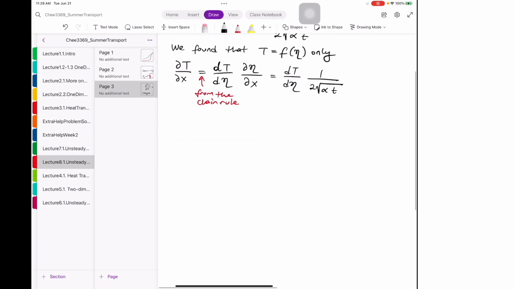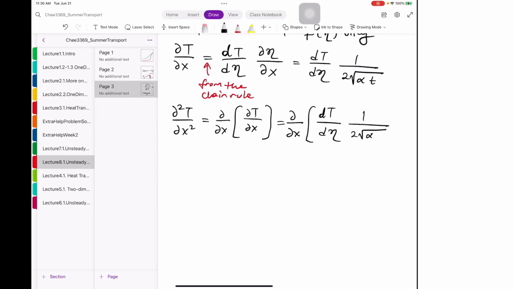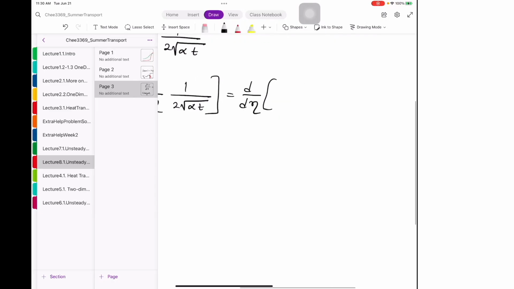Okay, and del squared T over del x squared similarly is del over del x of del T over del x, and del T over del x we already found: dT over d eta times 1 over 2 square root of alpha t, and del over del x is again d over d eta times the 1 over 2 square root of alpha t.